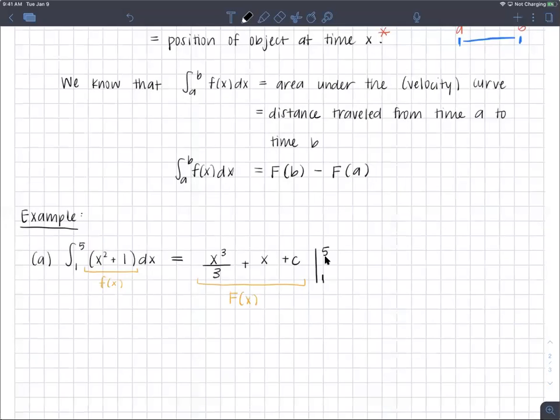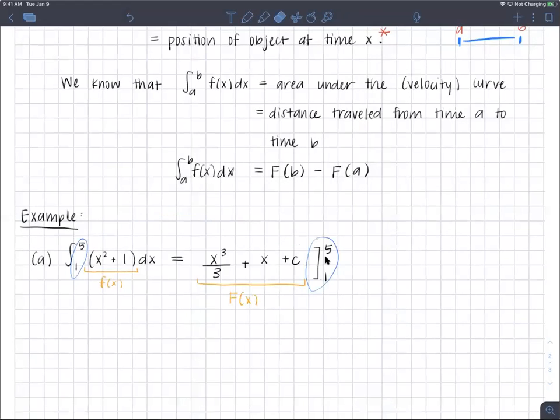Some people, rather than putting a straight line, put a big square bracket like this, and then they still put 1 to 5. So you can do either one, but either way, you have to specify what your limits are. Your limits essentially move from the integral to this part right here.